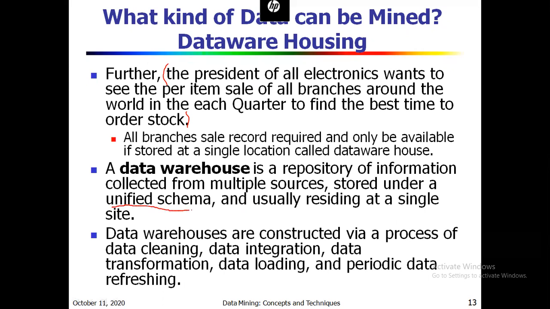I have already shown you what is meant by a unified schema, that the headers are uniform in the data warehouse. Data warehouses are constructed by a process of data cleaning, data integration, data transformation, data loading, and periodic data refreshing.